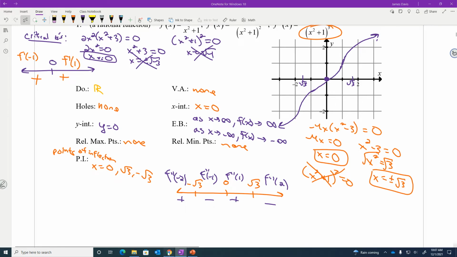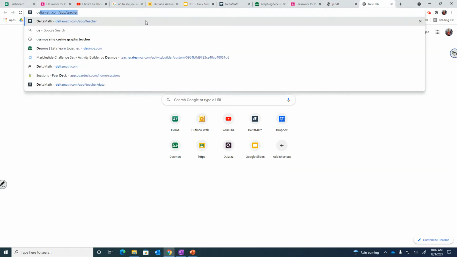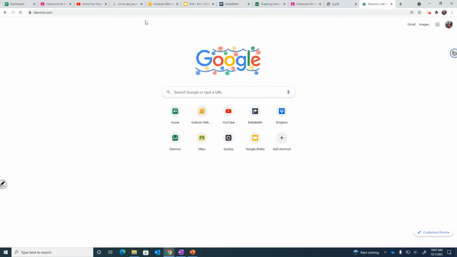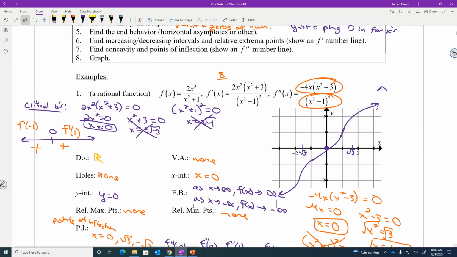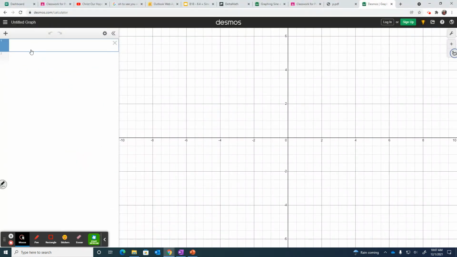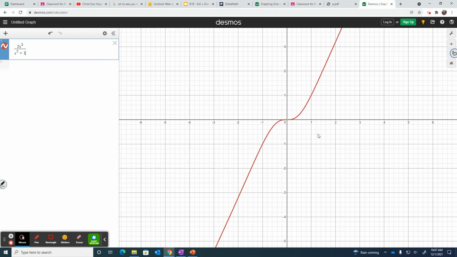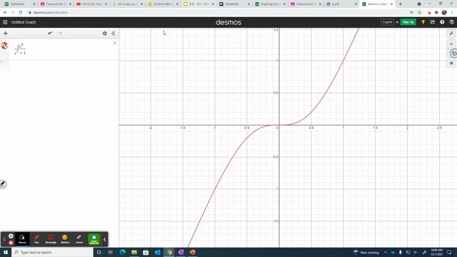I'm going to pull up a graph, even though you're supposed to do this without one, because it's always good to confirm it when you can. So it's kind of zoomed in.